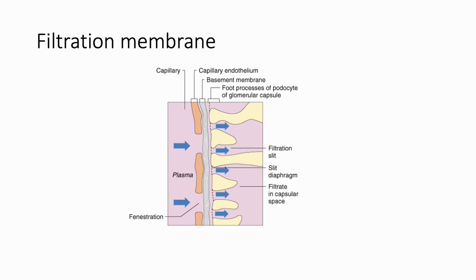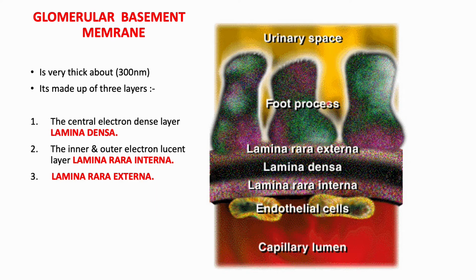Now the glomerular basement membrane is very thick, about 300 nanometers, and made up of three laminas. The central electron dense layer is the lamina densa. Then the inner and outer electron lucent layers are the lamina rara interna and the lamina rara externa.